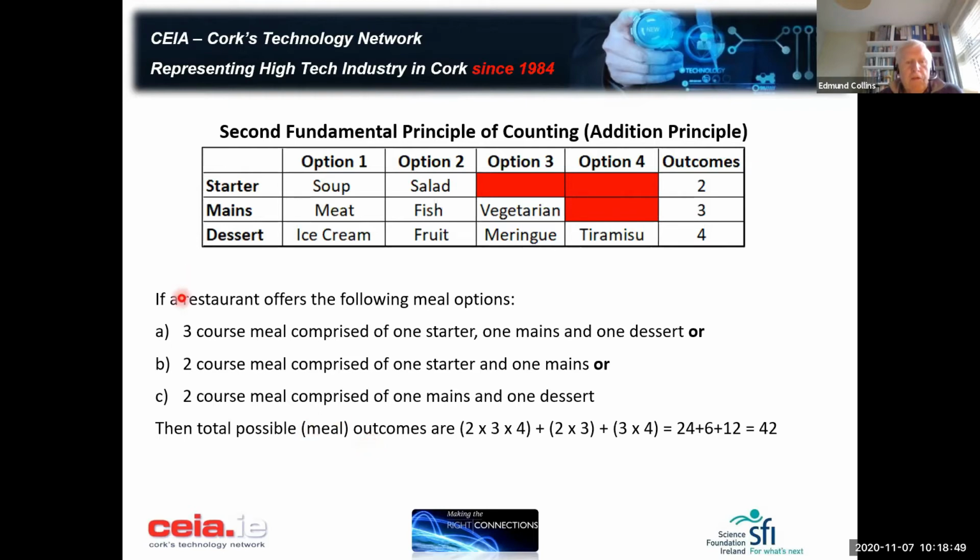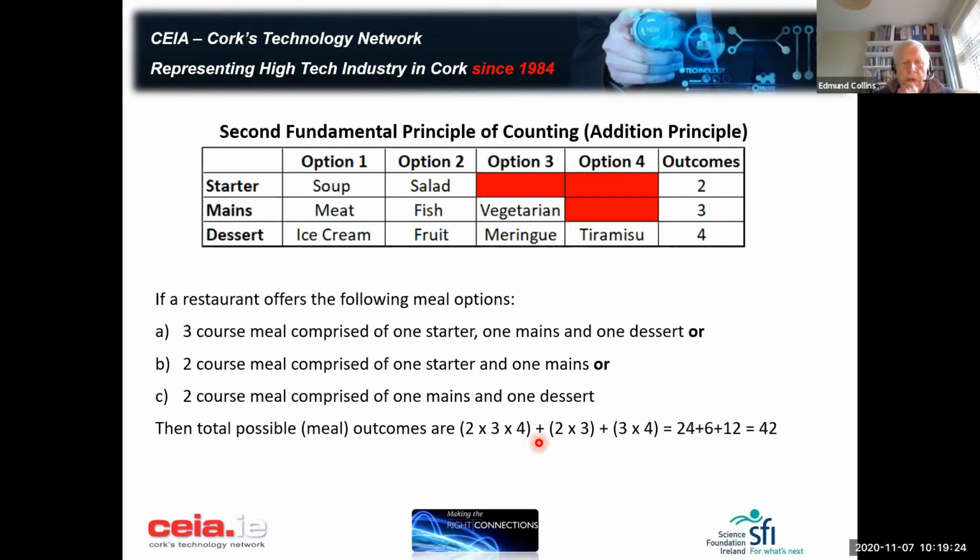So if the restaurant offers the following meal options, we can have a 3-course meal comprised of 1 starter, 1 mains, and 1 dessert, or, this is very important, the or here, a 2-course meal comprised of 1 starter and 1 mains, or a 2-course meal comprised of 1 mains and 1 dessert. But then what are the total possible meal outcomes or meal options here?